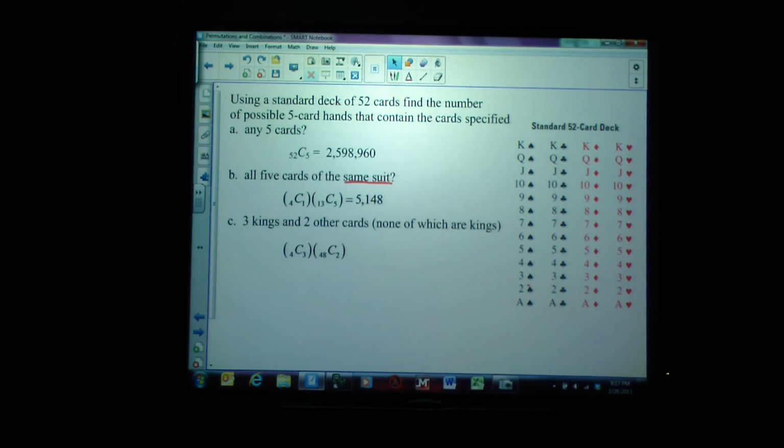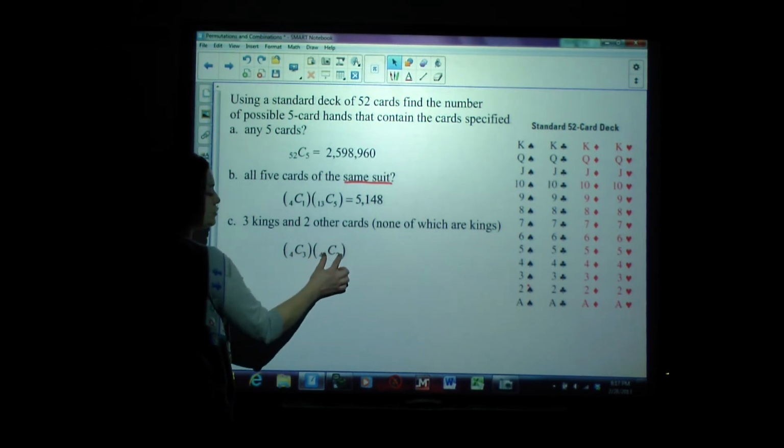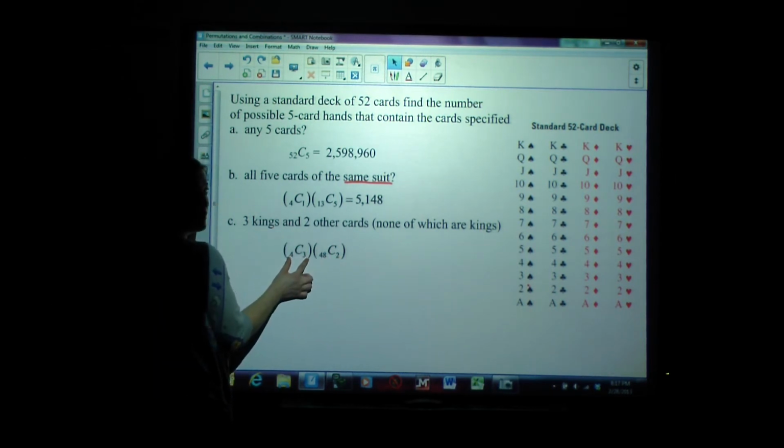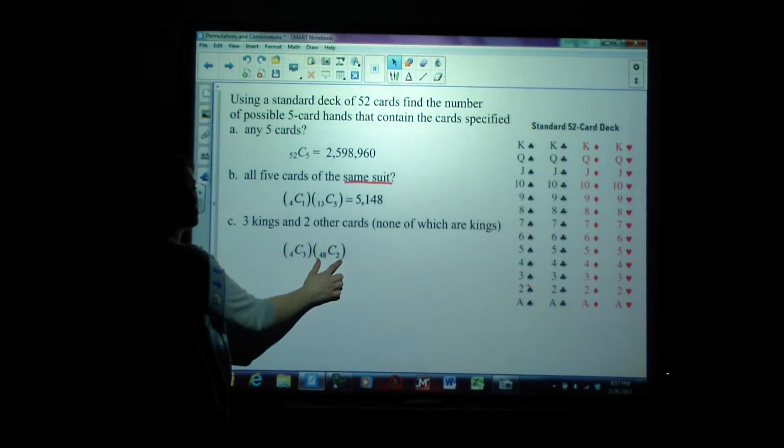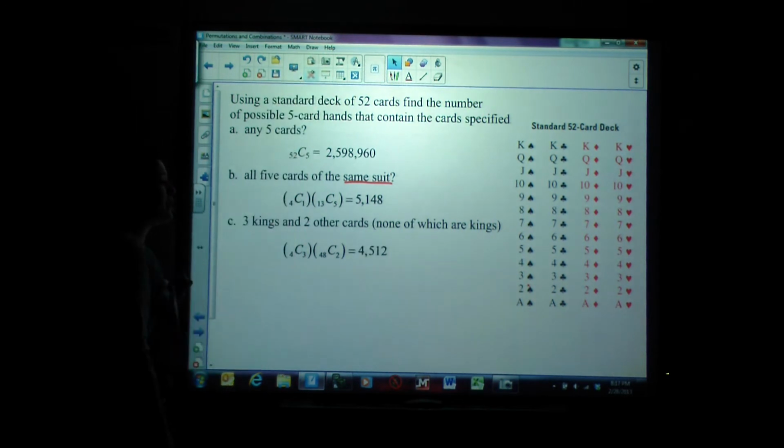So we're going to multiply on 48 combinations of 2, and that tells me how many ways I'm being dealt 2 other cards. So to get exactly 3 kings and 2 other cards, I'd have to first figure out how many ways I can be dealt 3 kings, and then figure out how many ways I can be dealt 2 other cards. If I multiply those out, I find that there are 4,512 different hands that deal 3 kings and 2 other cards.